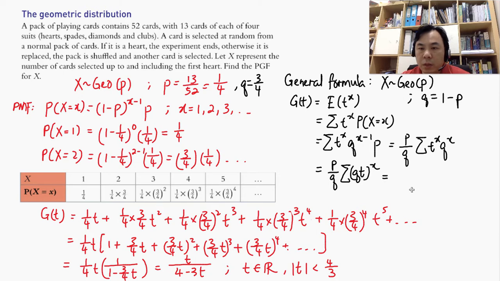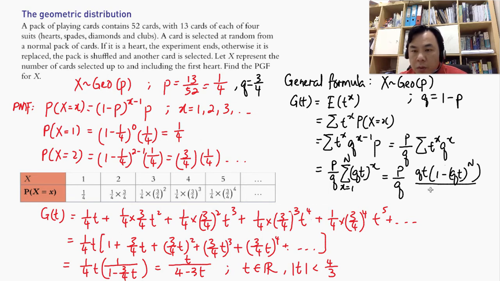So therefore we can apply our geometric series equation, which is the same as p over q times qt, 1 minus qt raised to the power n, over 1 minus qt. Okay, that's how it looks like.